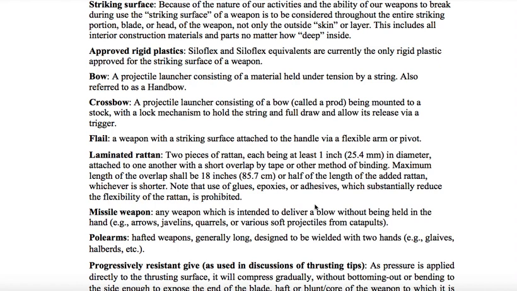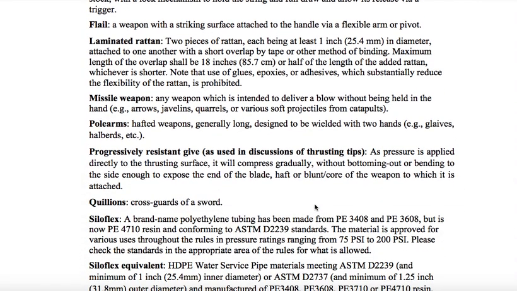Flail. A weapon with a striking surface attached to the handle via a flexible arm or pivot. Laminated rattan. Two pieces of rattan, each being at least 1 inch or 25.4 millimeters in diameter, attached to one another with a short overlap by tape or other method of binding.